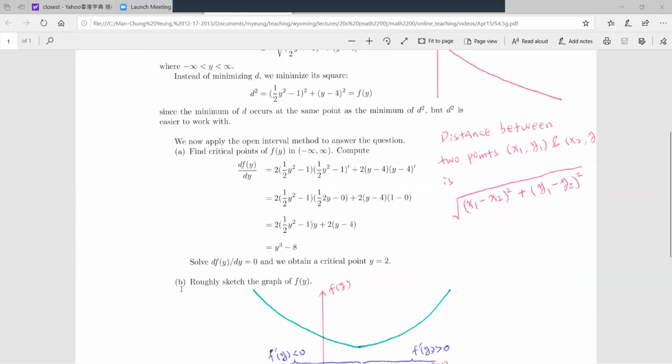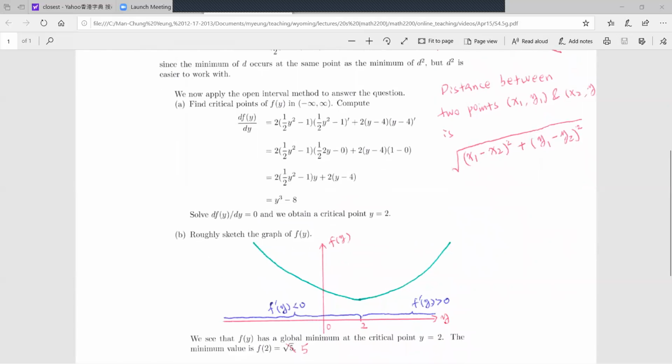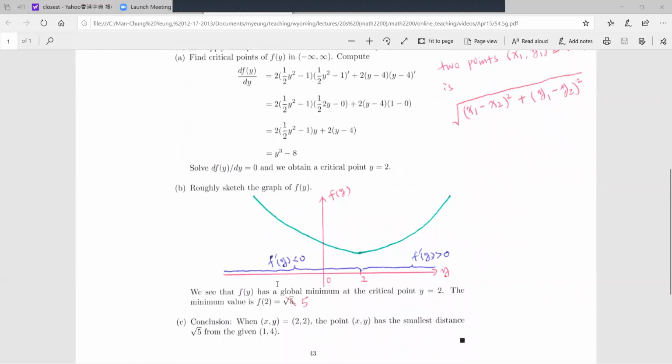Second step of the open interval method, roughly sketch the graph of the function f. Just roughly. We just need increasing and decreasing. We don't need concave up and concave down. Okay, now draw an xy plane and put the critical point 2 here.